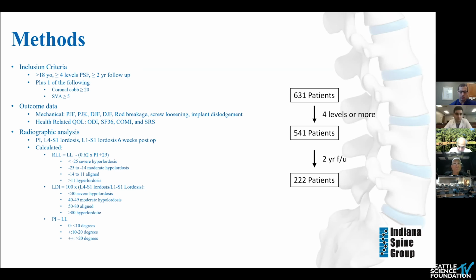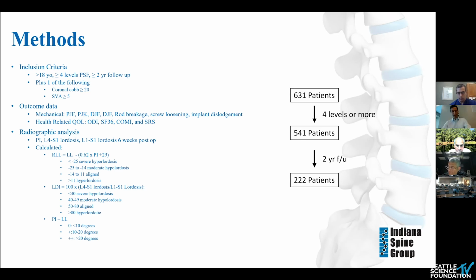Radiographically, at 6 weeks post-op from their index procedure, they measured pelvic incidence, segmental lumbar lordosis from L4 to S1, lumbar lordosis from L1 to S1, and then they use these parameters to calculate the RLL, LDI, and pelvic incidence minus lumbar lordosis.